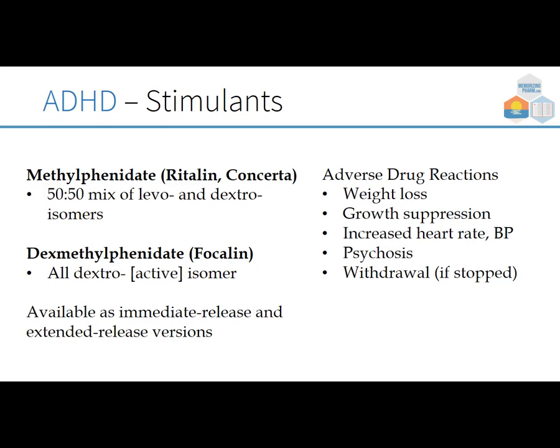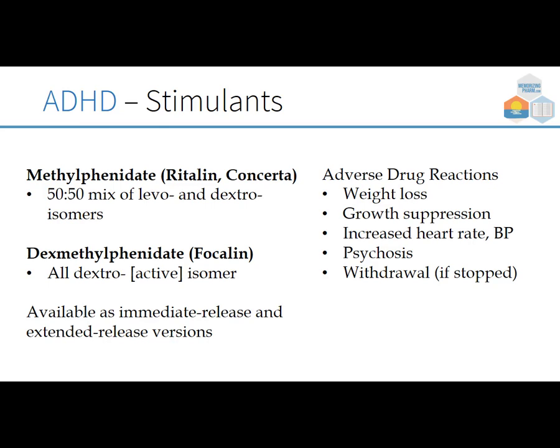We have availability as immediate release and extended release versions, because depending on when you are in the year, for example, if someone's using something like Ritalin for school, we wouldn't really want it to last too long if they just need help during school or for their schoolwork, which they do right after school. So we might move to an immediate release if we find that they're having some of these adverse drug reactions.